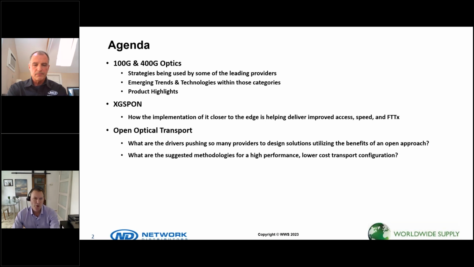And then, of course, open optical transport as well. I want to highlight for you in that category some of the drivers that we all are somewhat familiar with that are driving us towards that open approach. And then Ralph's going to highlight for us some of the methodologies used that are most effective for our customers today.